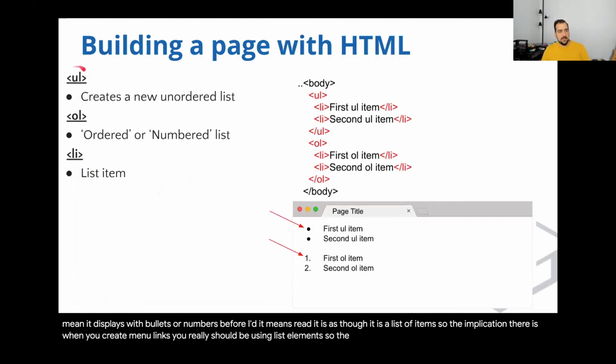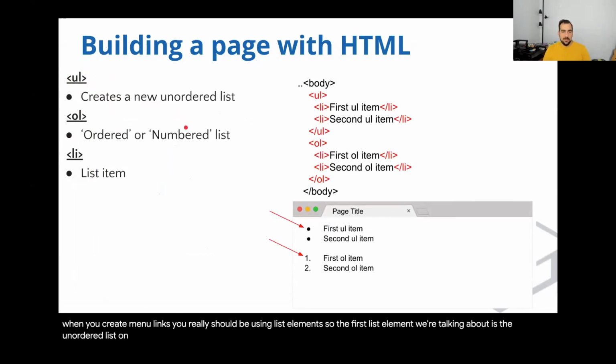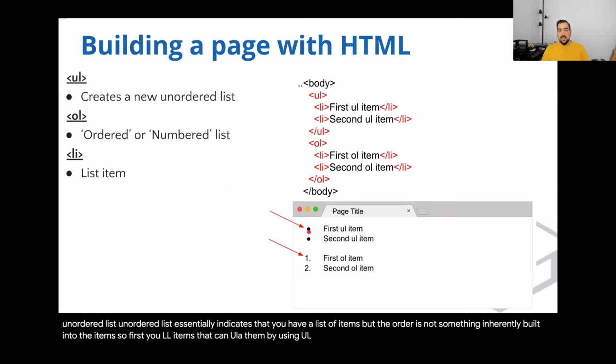So the first list element we're talking about is the unordered list. Unordered list essentially indicates that you have a list of items, but the order is not something inherently built into the items. So first UL item, second UL item. By using UL, you are getting a bulleted list.